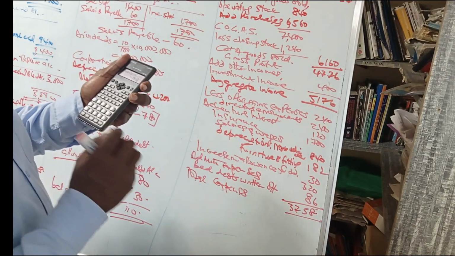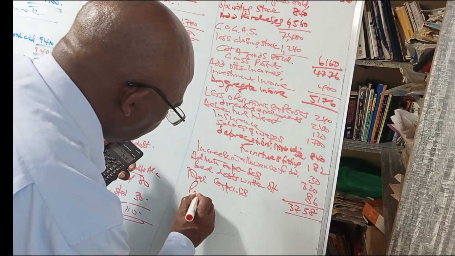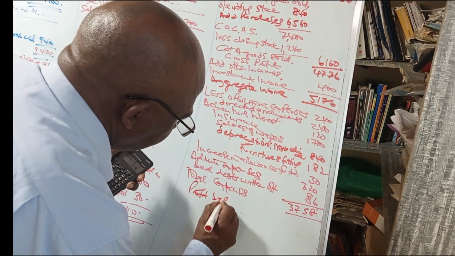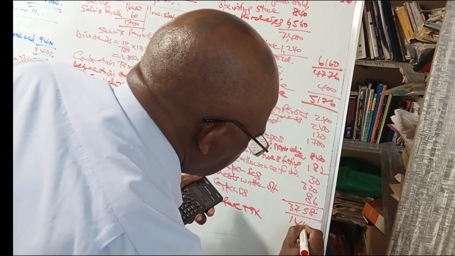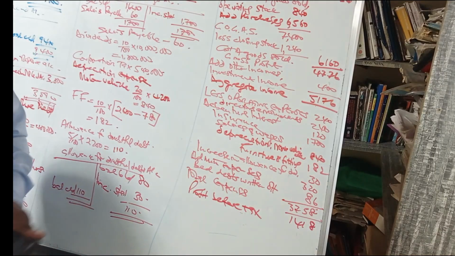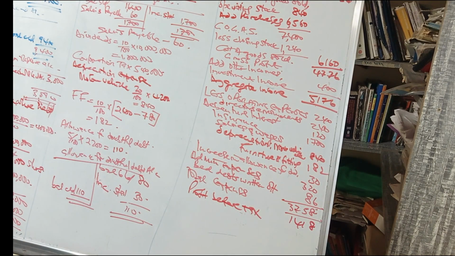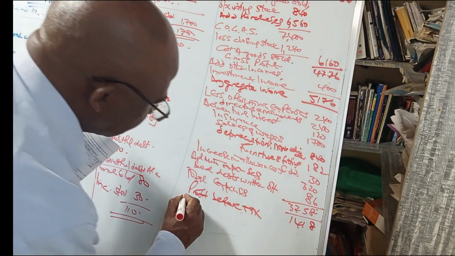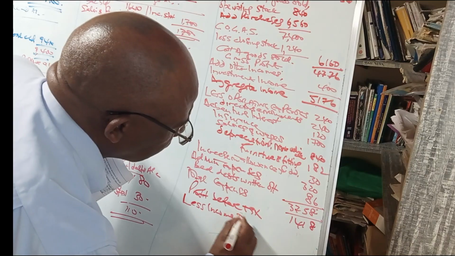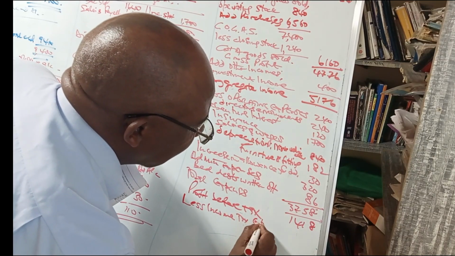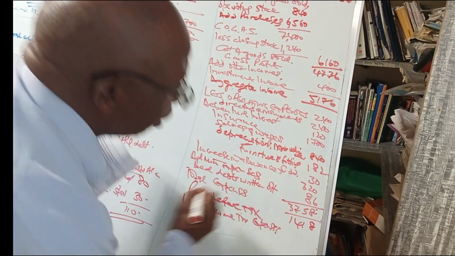5176, and we get profit before tax amounting to 1418. Therefore we subtract income tax expense. We call it income tax expense; we do not call it corporation tax.